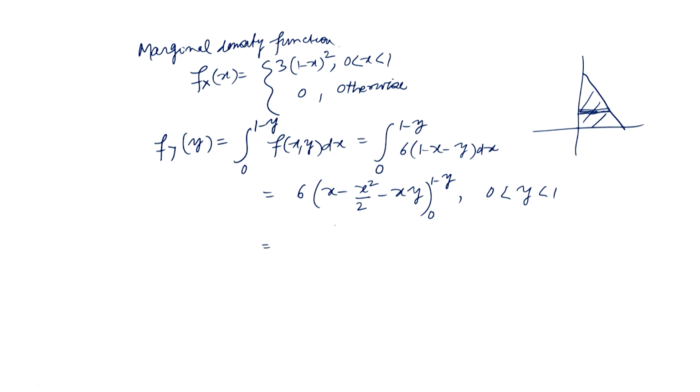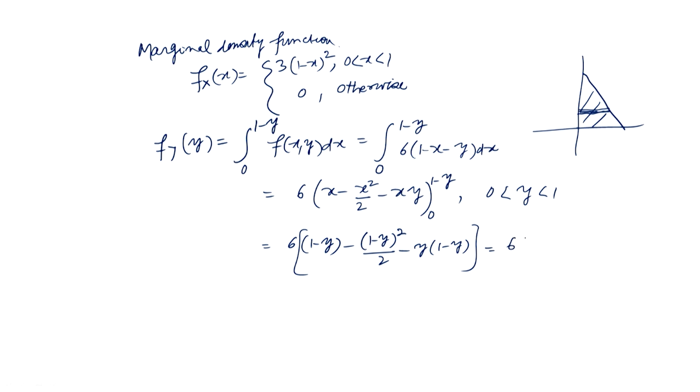Okay. So, this will be again 6 times (1 minus y minus (1 minus y) whole square by 2 minus y into (1 minus y)). So, what we will get?